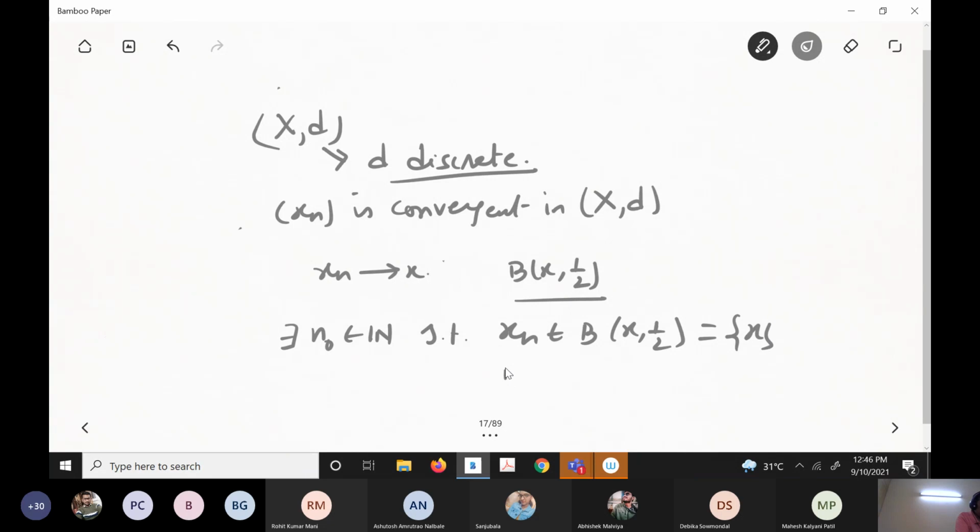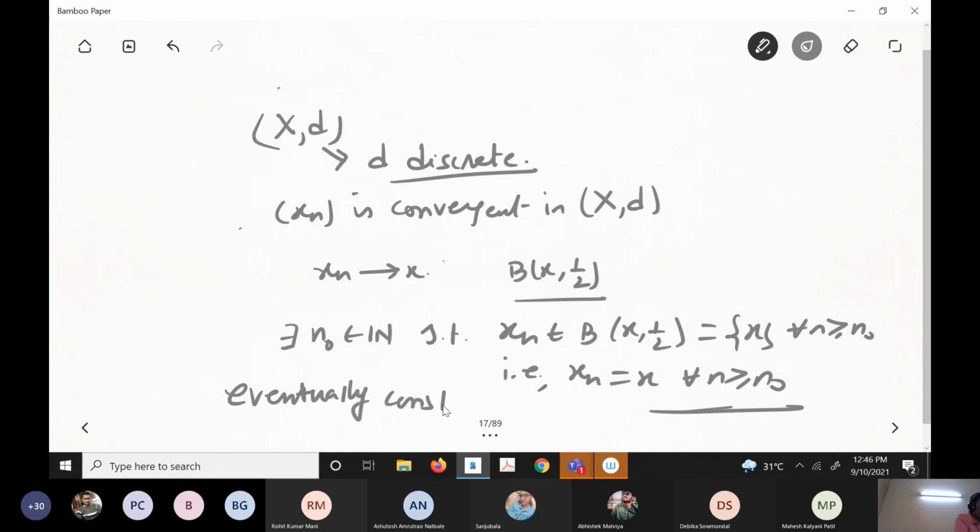That means x_n equals x for all n at least n_0, so eventually it's constant. You may have the first few finitely many terms different. That is always possible. Eventually constant.